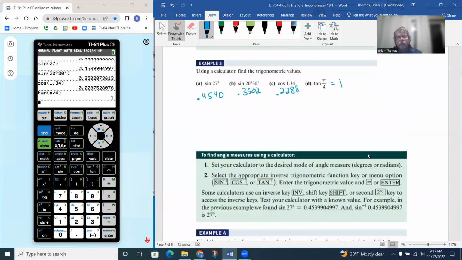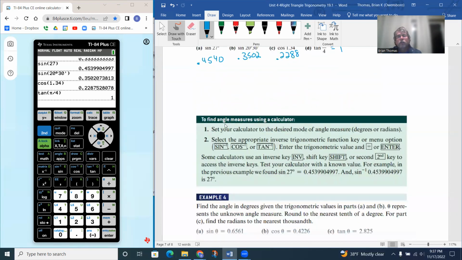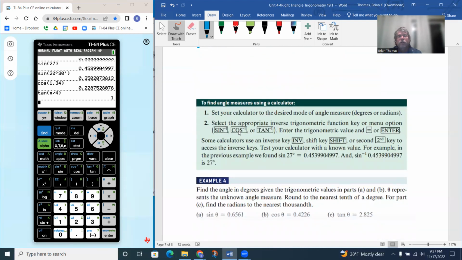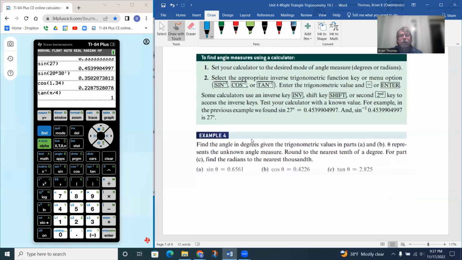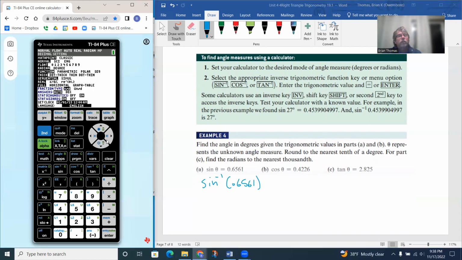Now, another thing you can do on your calculator is use these ratios to find the angle measure. This is where we have the inverse sine, inverse cosine, and inverse tangent. If I want to find the angle, I can do the inverse sine of 0.6561. Notice though it wants the answer in degrees, so I have to change my mode from radian back to degree measure.